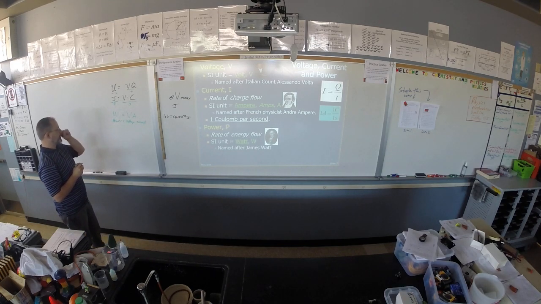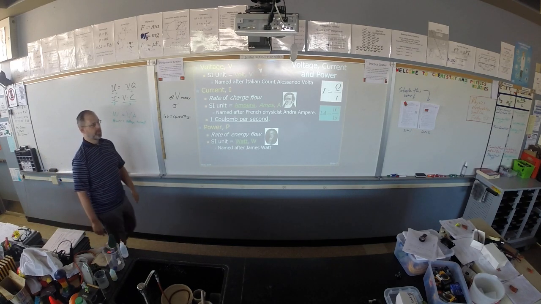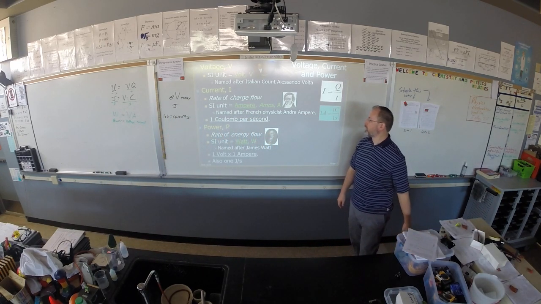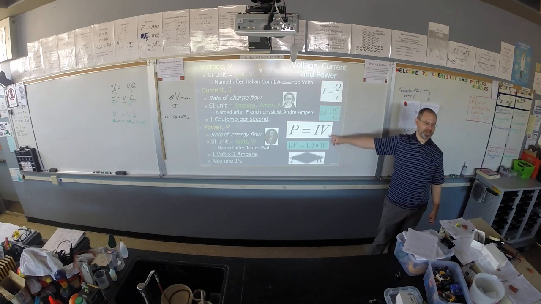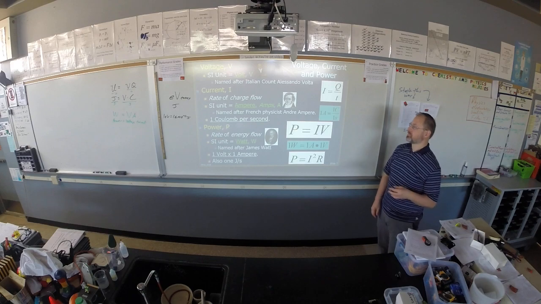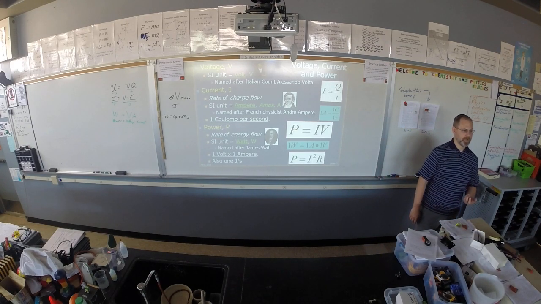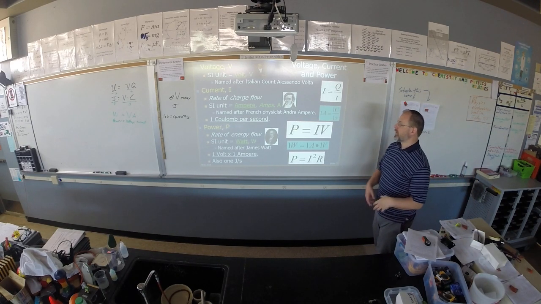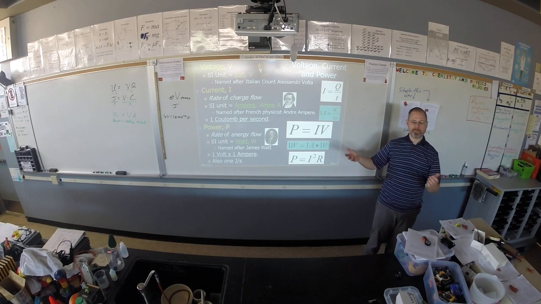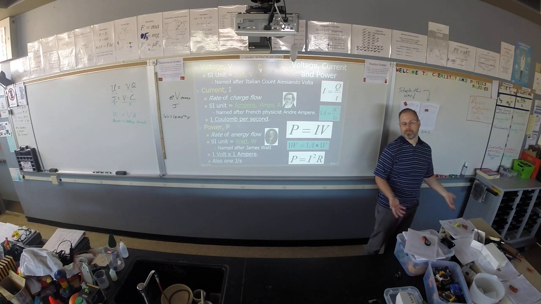Power equals voltage times current, or a watt is a volt times an amp. So what is the formula for power? Current times voltage. And that's why a watt is a current of 1 ampere traveling through a potential of 1 volt.